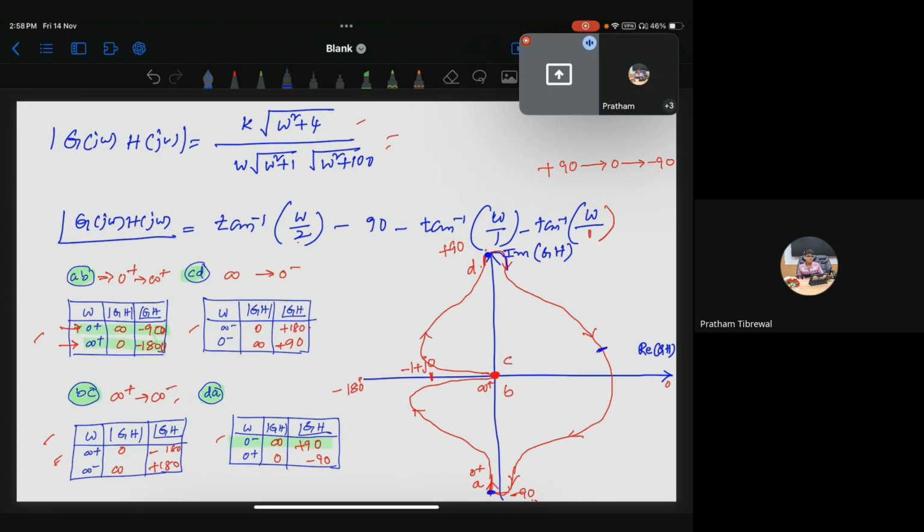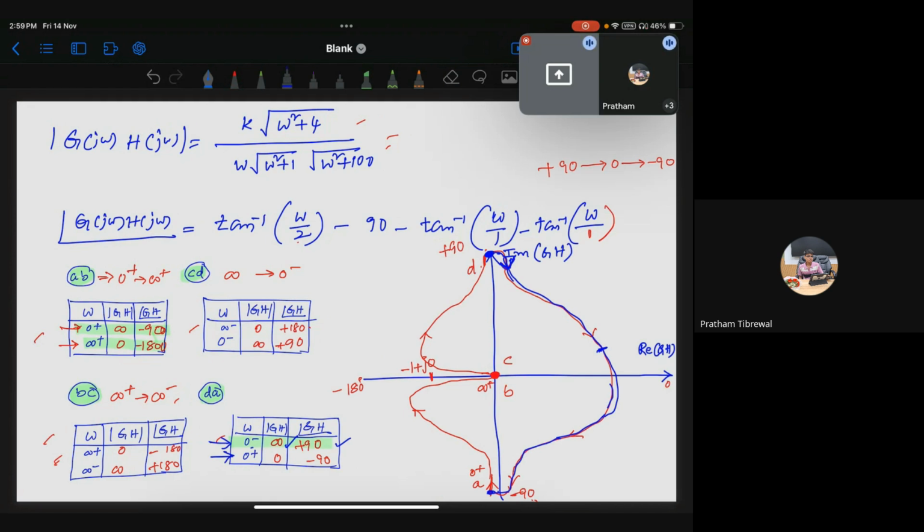This is the DA part, correct? For the DA part, you should first check this one, then check this one. So for the DA part, what is the first point? It starts at infinity plus 90. That means this one. It is starting here, infinity value. So this is 90 degrees, correct?